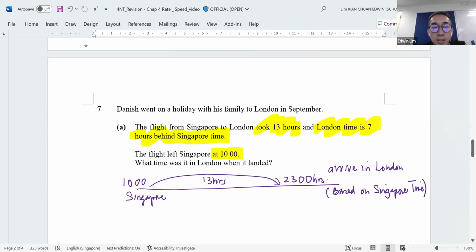Okay, the question is asking, what time was it in London? Meaning I have to find London time when the plane landed in London. So I will need to use 23. All right, I can minus 7 hours.